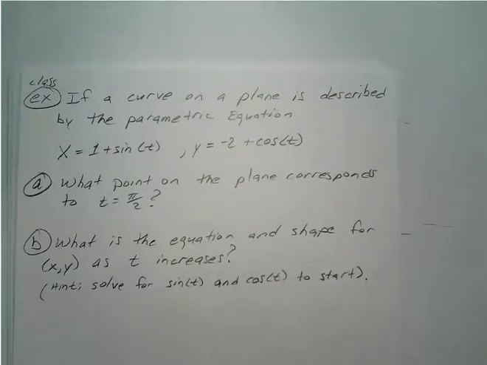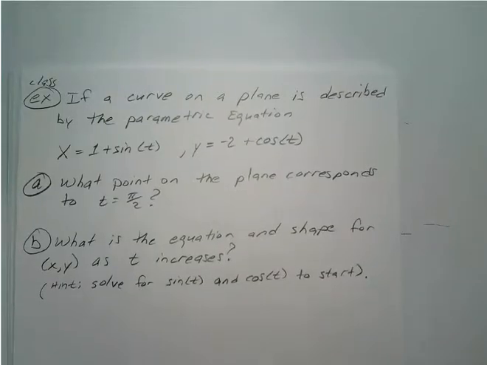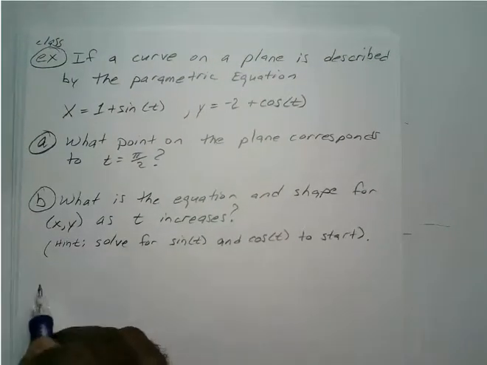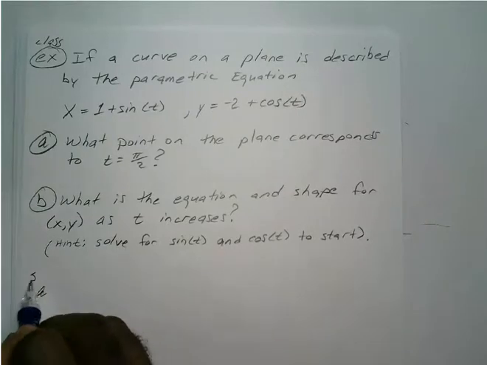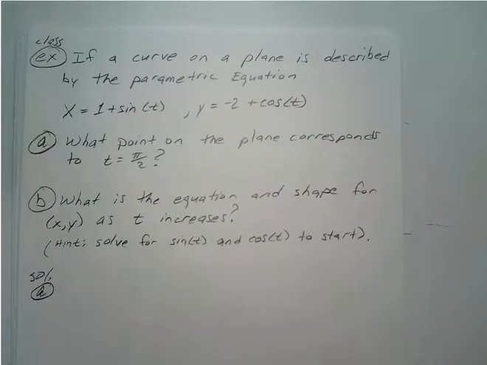Okay, so go ahead and press pause, and I want you to try and solve this one on your own. Alright, so assuming that you've already solved this one, let's go ahead and verify your answer.